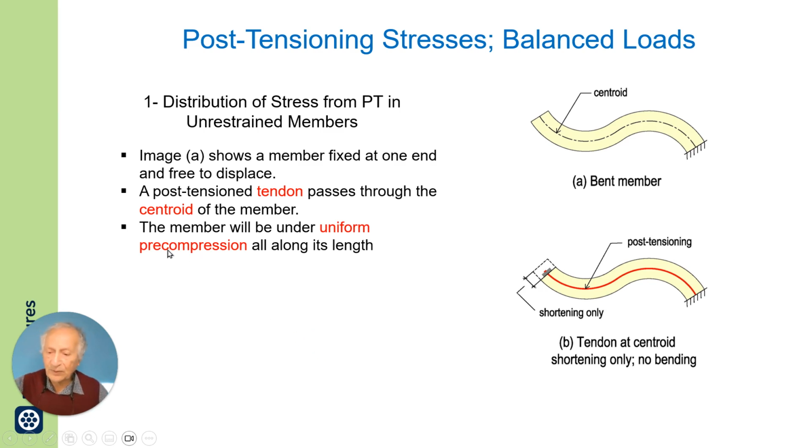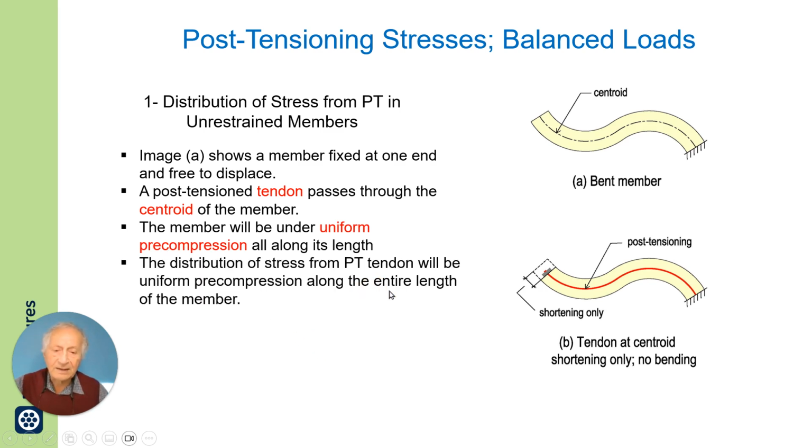There will be a uniform precompression, and there will be a shortening here. There will be no bending. The distribution of stress from the PT tendon will be uniform precompression along the entire length of the member, no bending of the member. The member will shorten as shown here, but will not bend.